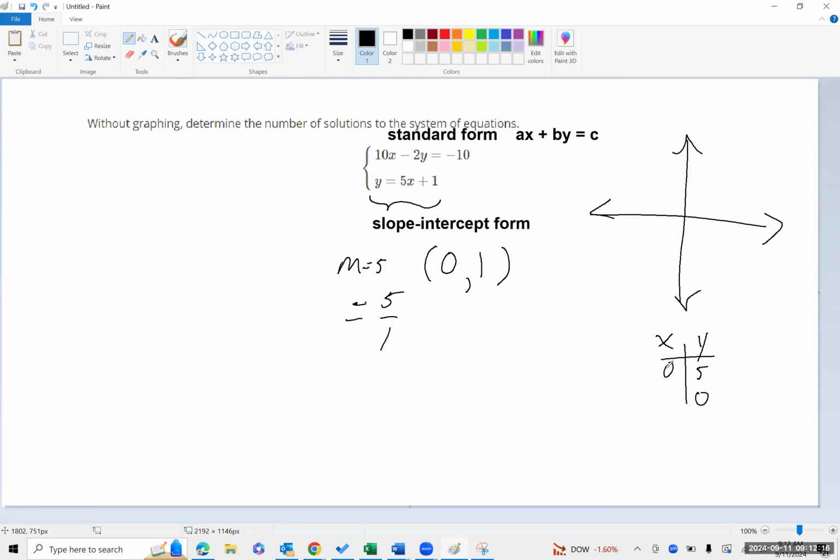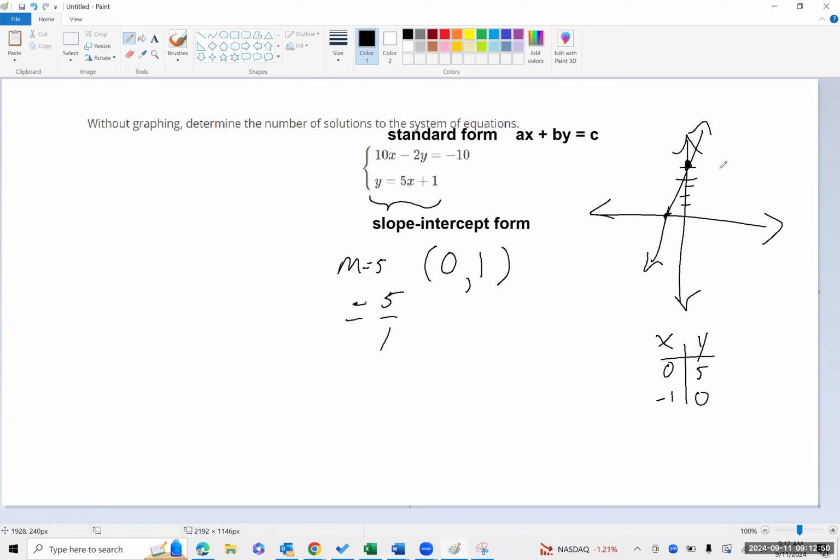I'm not going to do all that work, but if you plug in a 0 here, you'll solve it and you'll find out y is 5. And if you plug in a 0 for y, you're going to find out that x is -1. So that's one way to just graph this equation on its own. So 0, 5, and -1, 0. And of course you can have that line.